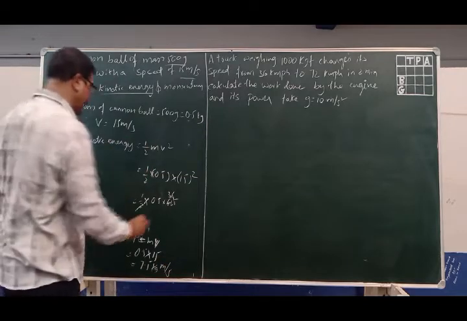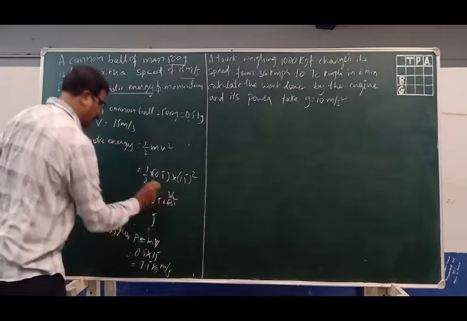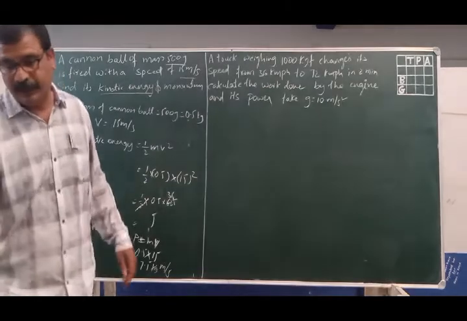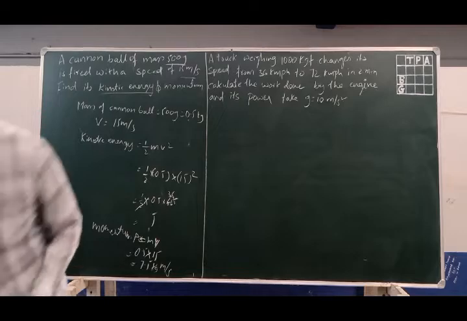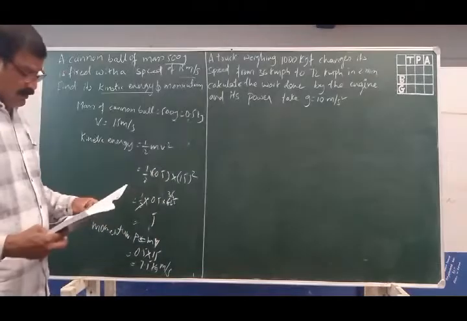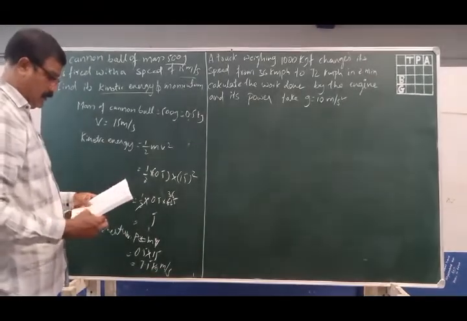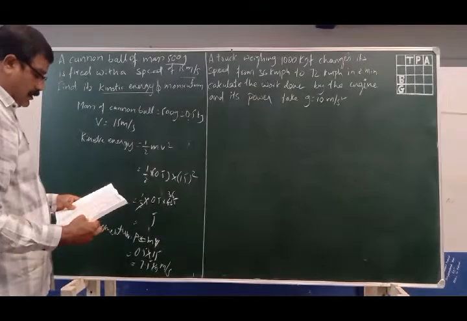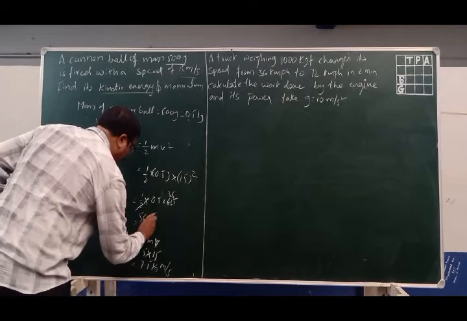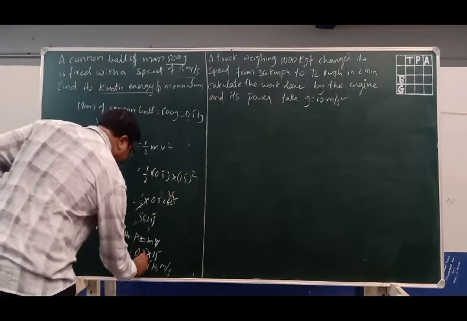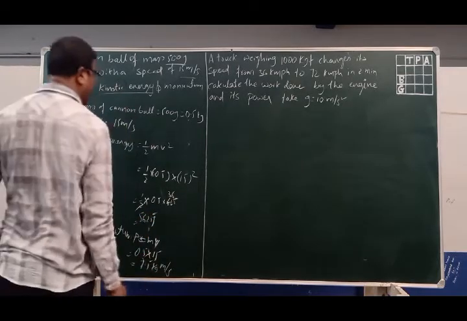So this you get in joules. So this you get as 56.25 joules, and this you are getting as 7.5 kg meter per second.